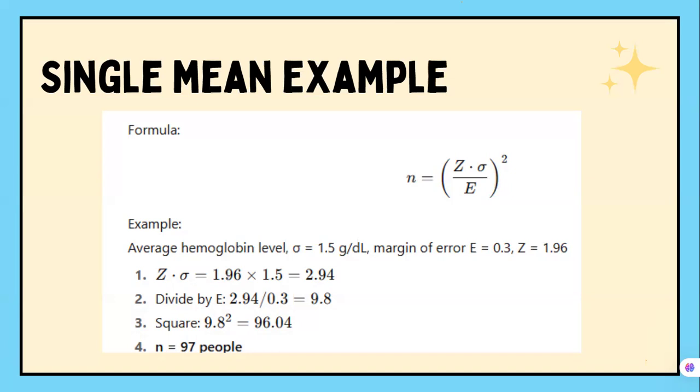Average hemoglobin level is 1.5 gram per dL. The margin of error here we changed to 0.3, Z is equal to 1.96, that is the same. We take the 95% interval in the majority of cases.